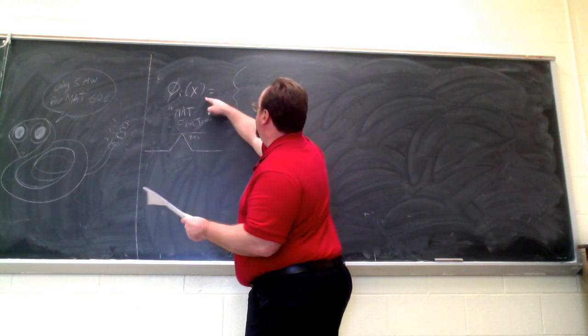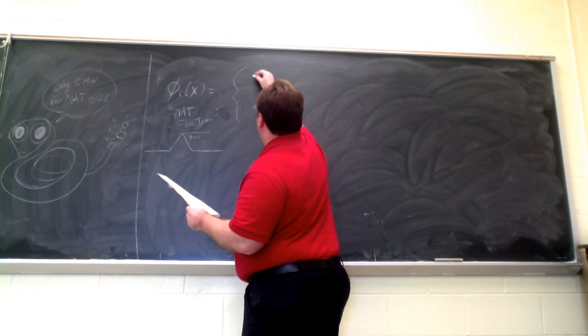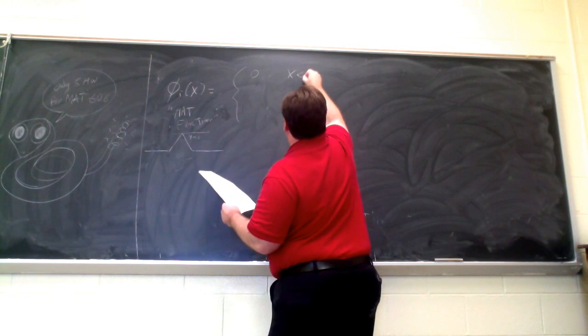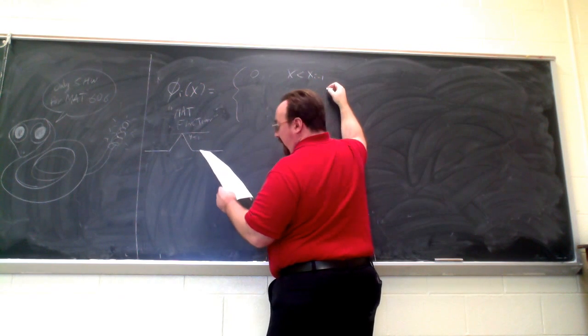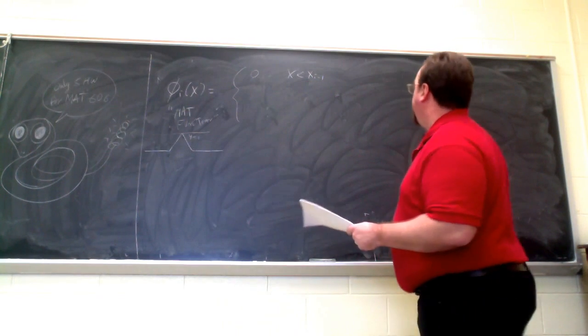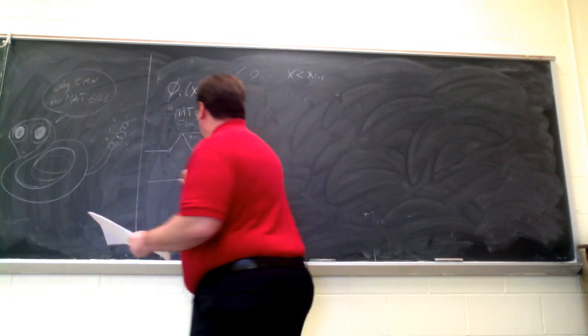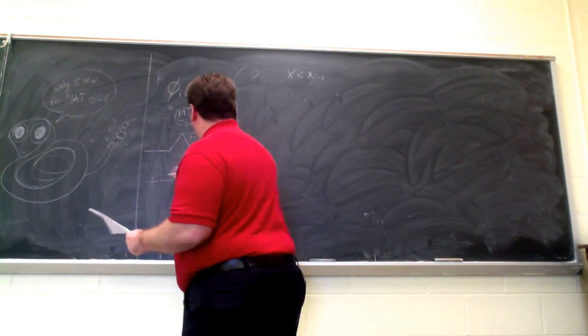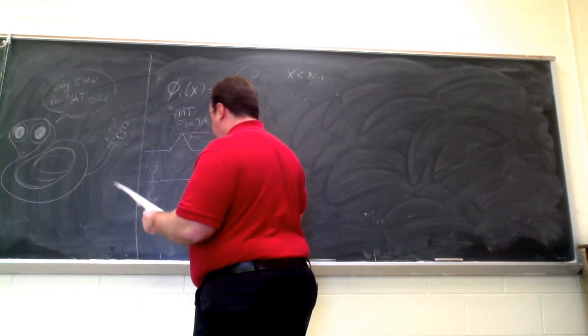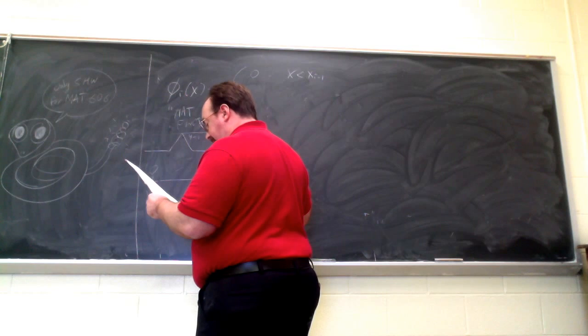So each one of these is equal to 0 if x is less than x i minus 1. So you can choose equally spaced points. Or actually, they don't even have to be equally spaced. So you have your interval from 0 to 1. 0 is x naught, 1 is x n plus 1.